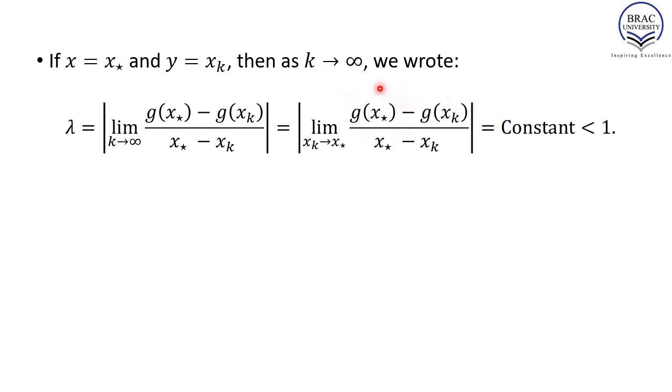Without that, this ratio or limit cannot be equal to that unless we imply the meaning of k goes to infinity implicitly here. And this ratio in the limiting sense is a constant. That is a condition for a converging function, and this constant must be less than 1 fraction.